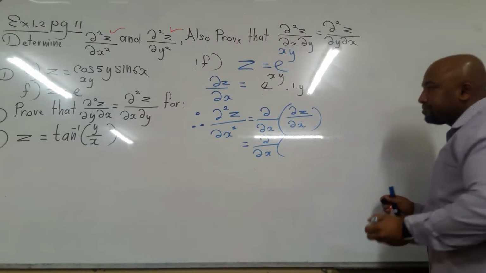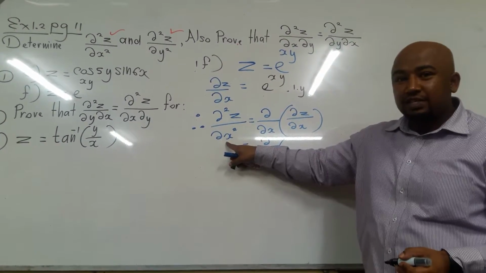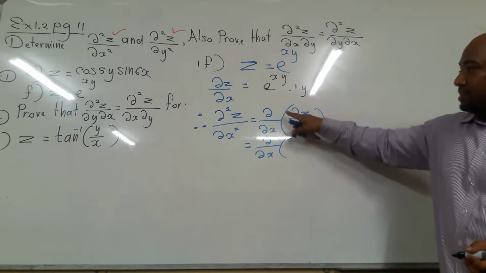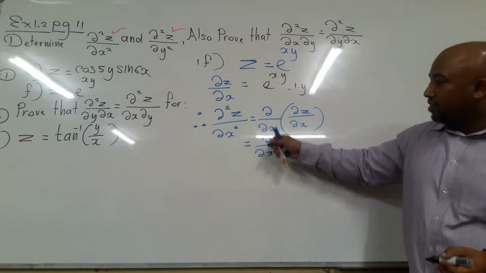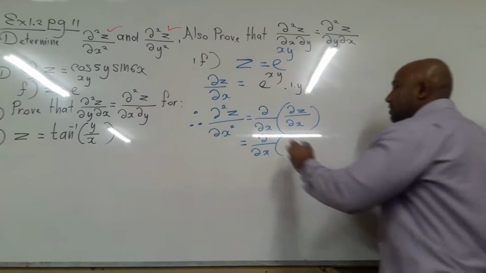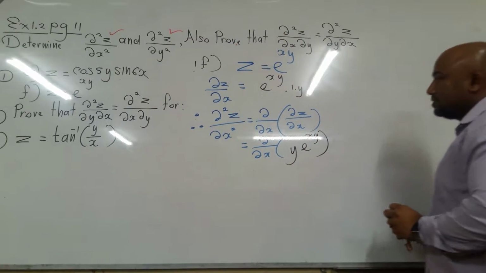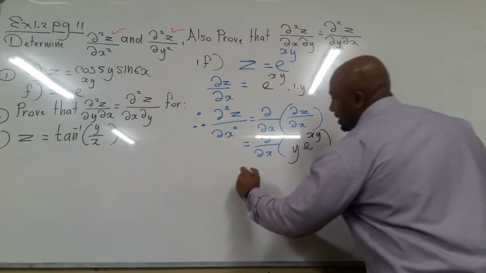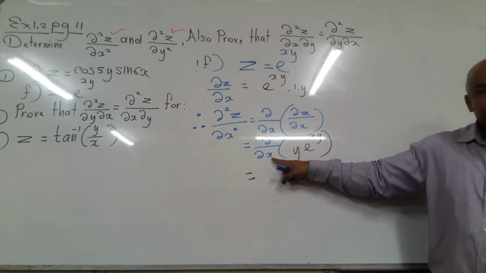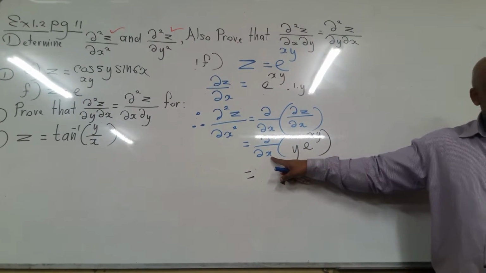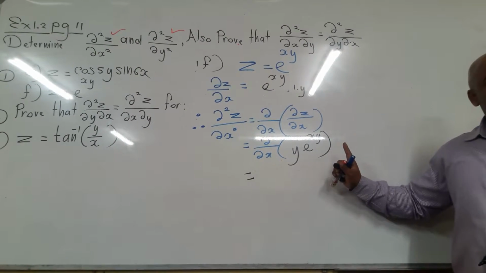So now, second derivative, d squared z over dx squared. That means d over dx of what we just found, so d over dx of y e to the power xy. Here we are differentiating this with respect to x again, so we treat y as a constant.